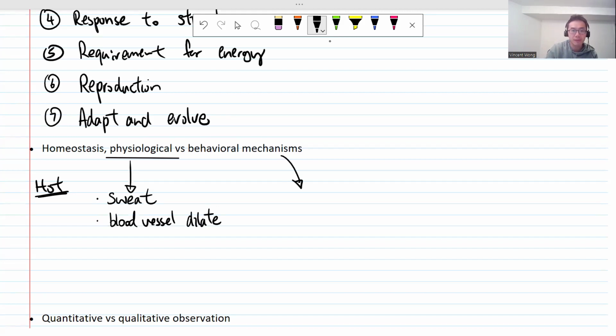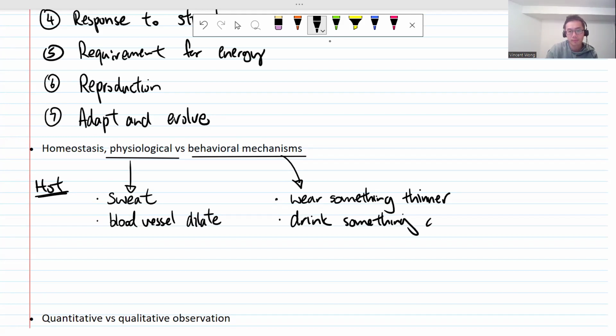In terms of behavior, things that you can do to cool yourself off: you can wear something thinner, so put away the jacket and put on a t-shirt. You can drink something cold, or turn on the fan or the AC.